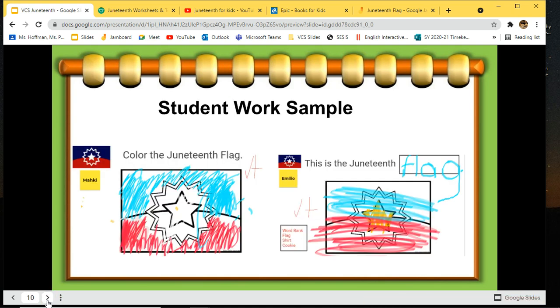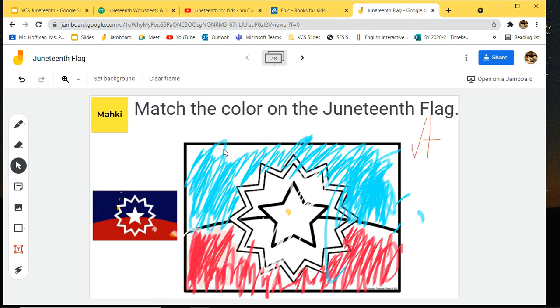So here's a student work sample. After reading the story, I had my students do two things based on their level. And I created this in Jamboard. So I took an image of a template, a printable Juneteenth flag. So you could search Juneteenth flag template, and this will come up.